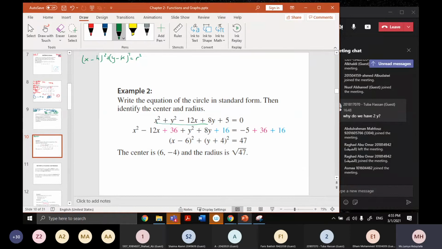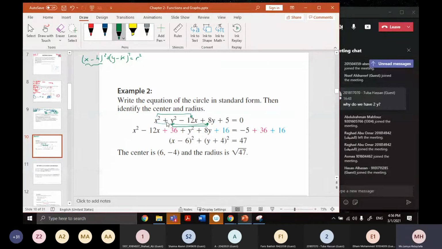Look at this part here and this part here. I need a complete square. So I can use completing the square to write this equation as that one there. How do we complete the square? You know that.